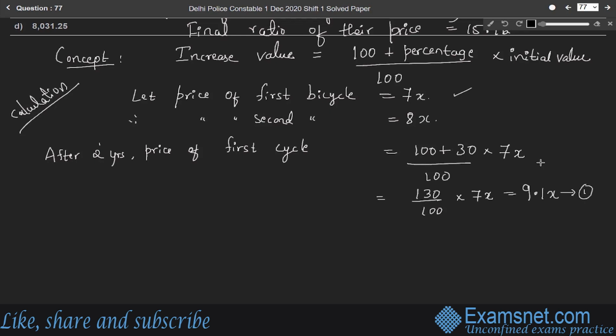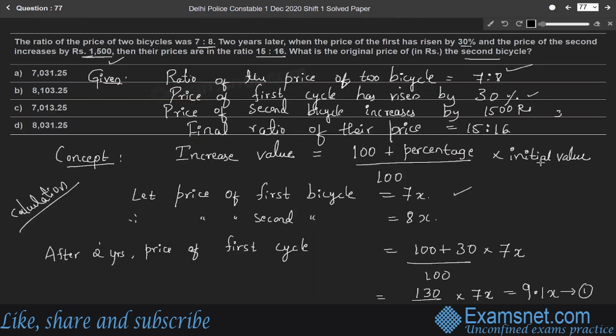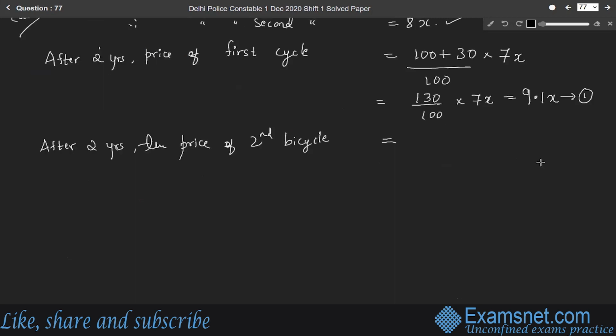After 2 years, the price of the second bicycle, according to the question, increases by 1500 rupees. The initial value is 8x, so after 2 years the price becomes 8x plus 1500.